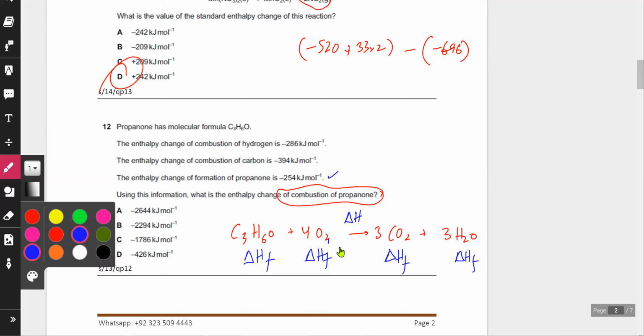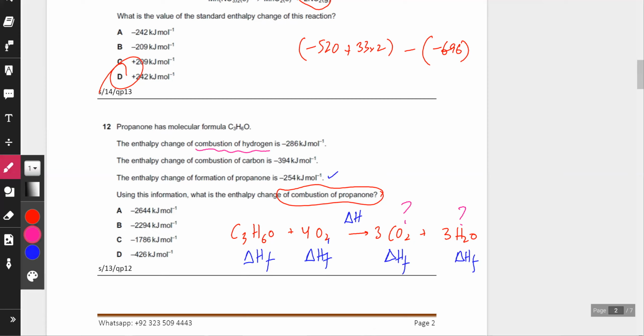The whole issue is these two. What do you do with these two? Can you tell me what's the equation for combustion of hydrogen? He's saying that combustion of hydrogen is minus 286.